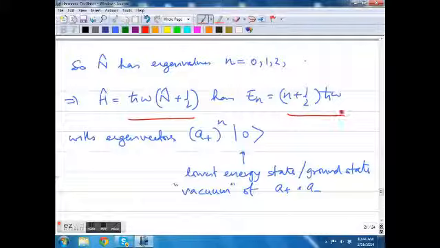And the eigenvectors, as stated, are constructed by starting with the lowest eigenvector of the number operator, which is also the ground state of the Hamiltonian, and is also referred to as the vacuum of the creation and destruction operators, the ladder operators. So I start with this vacuum or ground state, act on it an appropriate number of times with a plus or a dagger, and I get to the appropriate eigenstate of the Hamiltonian with this energy.